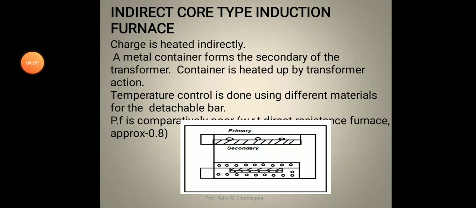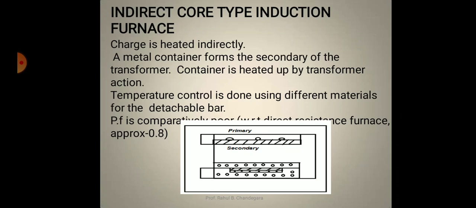The third type of low frequency induction furnace is the indirect core type induction furnace. Here the charge is heated indirectly, whereas in direct core type and vertical core type the charge is heated directly. A metal container forms the secondary of the transformer. The container is heated up by transformer action.